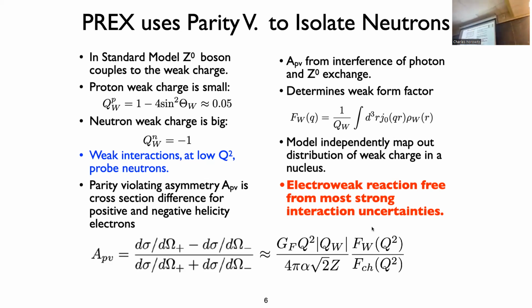So that's how we can model independently locate where the neutrons are in a nucleus. In principle, if we measured this parity violation as a function of momentum transfer, we could map out the neutrons. This is the charge form factor. This is where the protons are, and we already know that. So that's the idea, and it's hard because this parity violating asymmetry is only a part per million. The weak interactions are weak.